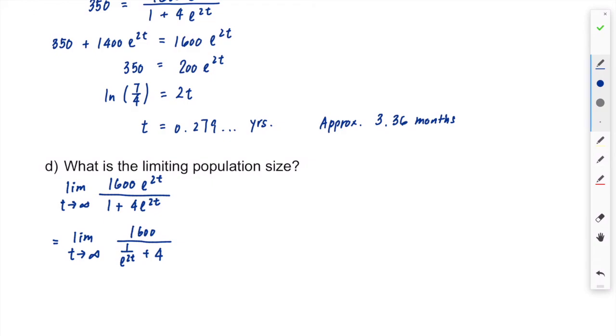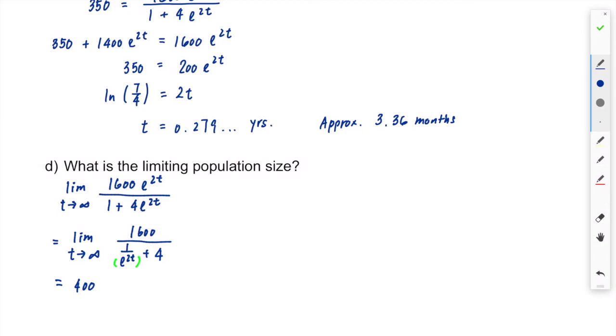So now, if t gets really big, e to the power of 2t gets really big, but 1 over a large number is 0, right? So now, we know that this term approaches 0, not just that denominator, but the whole term. So that means we're really looking at 1600 over 4, which is 400.